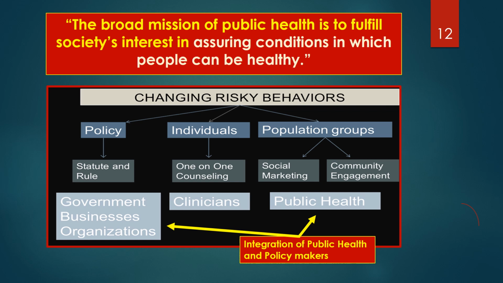Developing effective public health policies often requires coordination and integration of public health with policymakers. Examples of public health policies include those addressing lead, asbestos, sanitation, and water treatment, etc.